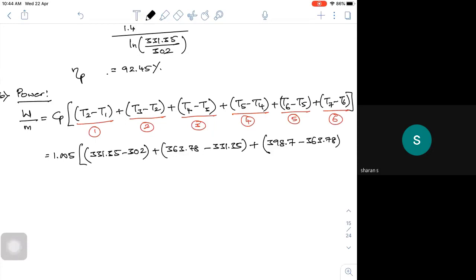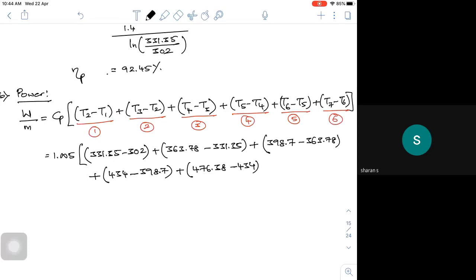Plus T5, which is 434, minus 398.7, plus T6, which is 476.38, minus 434. You have to be very careful in calculating this number. It's a lengthy one.